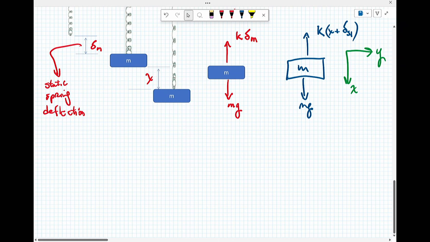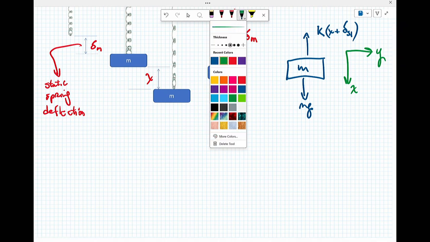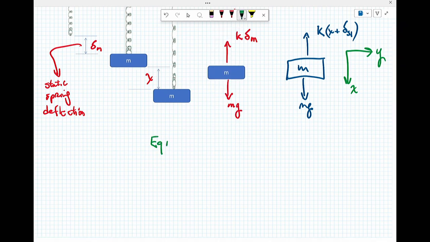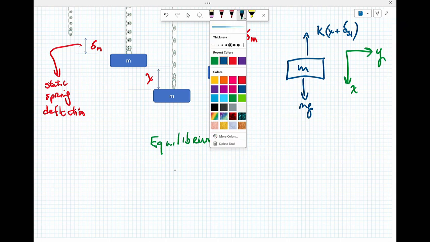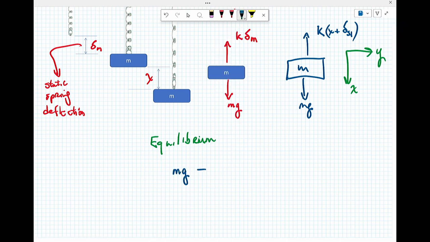So for equilibrium, I can say that mg minus k delta static is equal to 0.